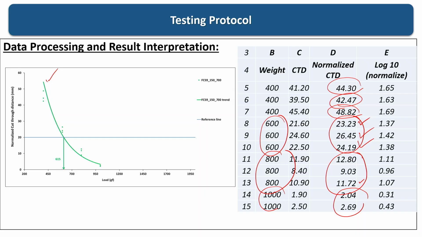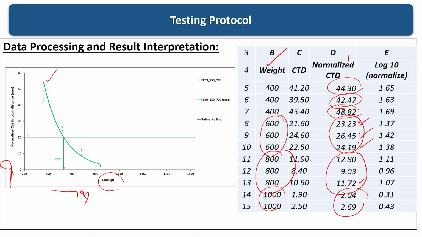Now, in the x axis it is the load in gram force, column B, and in the y axis it is the normalized cut through distance, column D. As per the definition of the cutting load, the normalized cut through distance should be 20 millimeter.